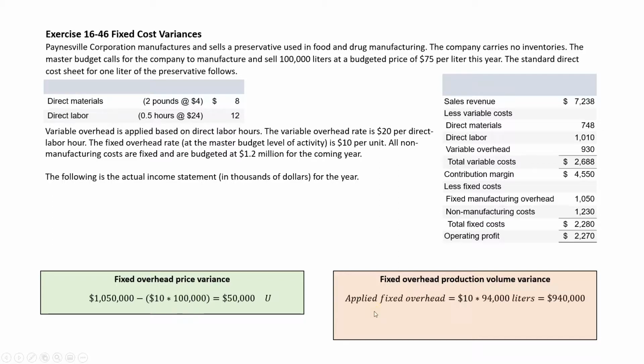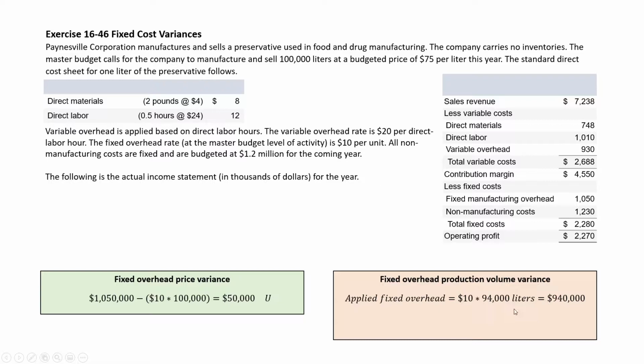But another piece of information that we need is applied fixed overhead. So how I'm going to get that particular number is I'm going to take my original per unit budgeted amount of $10 per unit, and this time multiply it times the actual activity level. Again, if you go back to the past problems, I know it doesn't state it here directly, that was 94,000 liters.